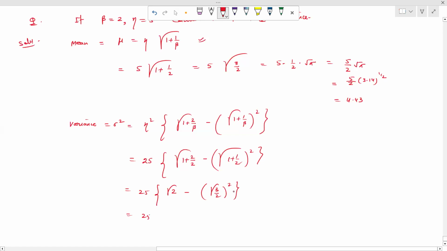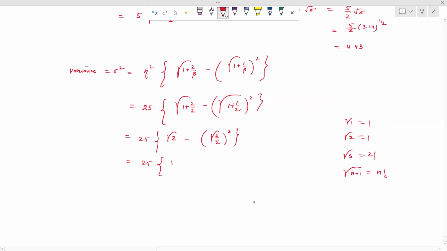So this is equal to 25 times the bracket. What is the value of gamma 2? Gamma 2 value is 1. Gamma 1 is 1, and gamma 3 is factorial 2. We have the relation gamma of n plus 1 is equal to factorial n. Now the value of gamma 3 by 2 is 1 by 2 into root pi, to the whole square.